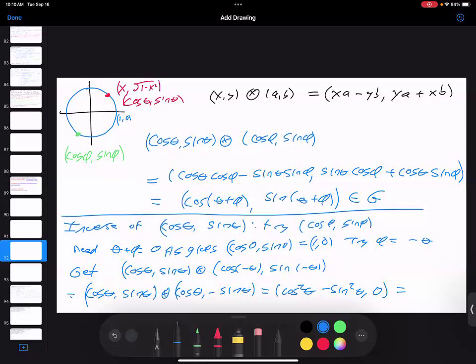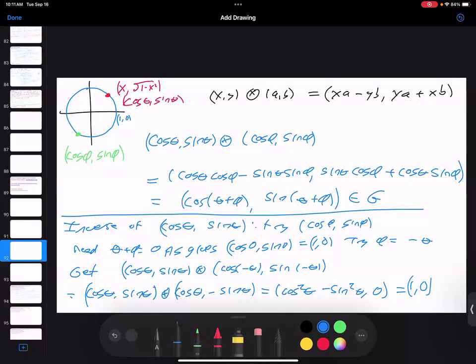cos of 2 theta, nope, it's cos of 0, right? Cosine of theta 1 plus theta 2 is cosine theta 1, cosine theta 2 minus sine theta 1, sine theta 2. Either that or cosine squared is 1 minus sine squared. So when we put that in, this is just 1, 0.